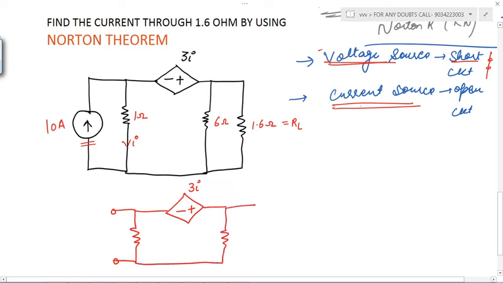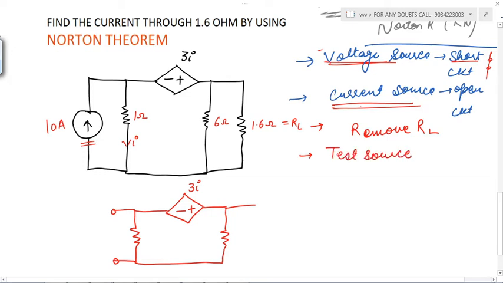Now next, remove RL, which we already removed, and after removing RL we have to place a test source.